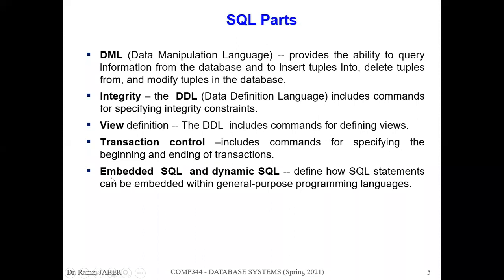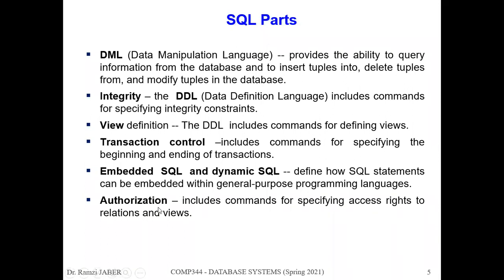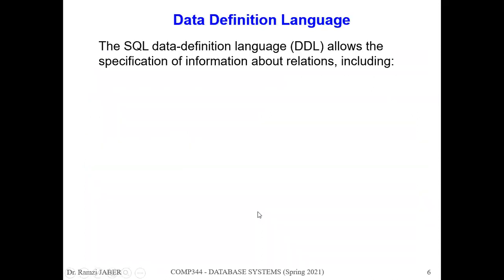Lastly, embedded SQL and dynamic SQL define how SQL statements can be embedded within a host language. Host language means languages like C++, Python, and so on. Authorization includes commands for specifying access rights to relations and views, username, password, and so on.